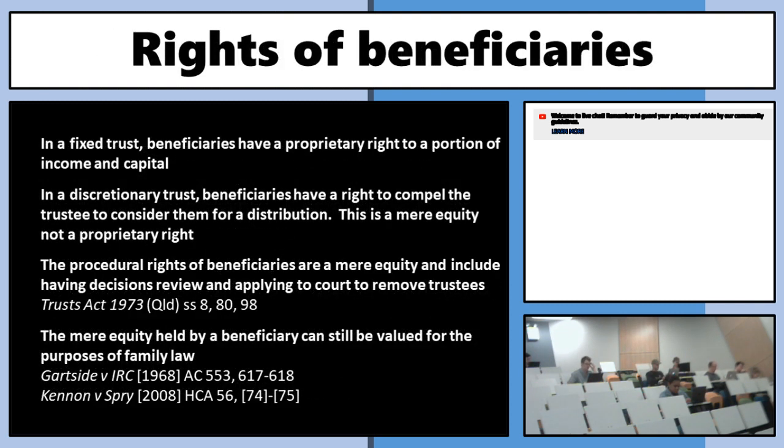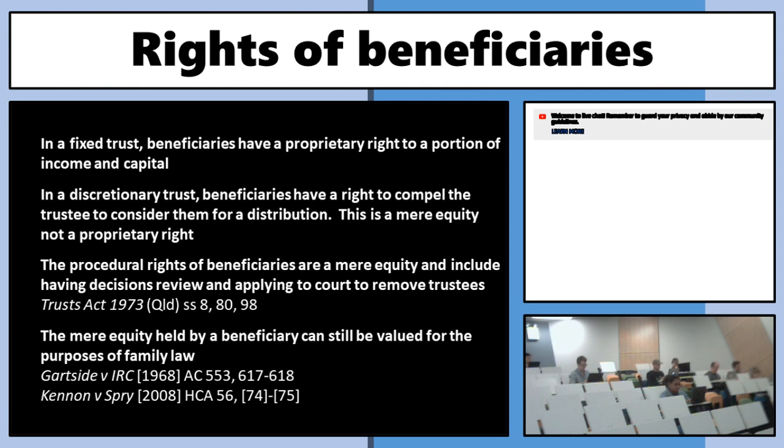And that leads on to the next bit. So if you are a beneficiary, the right that you have is not, in a discretionary trust, I'm thinking here, to the stuff. You don't have a proprietary right in a discretionary trust. You do have a proprietary right in a fixed trust.